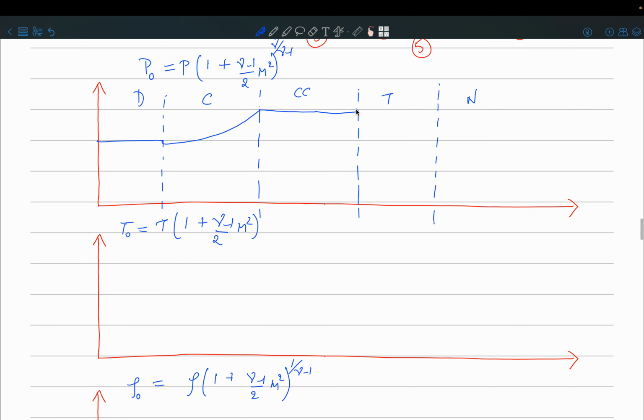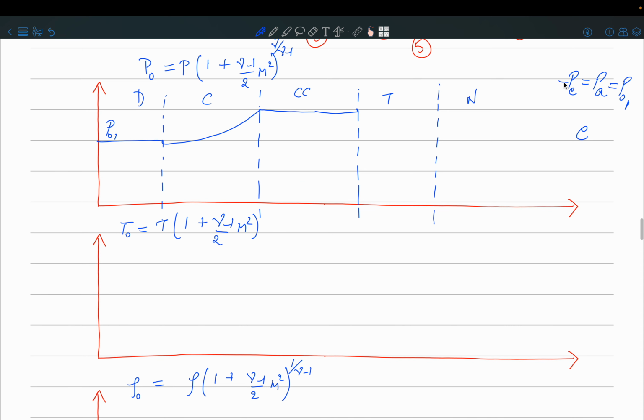Yeah, it will decrease. Until where will it decrease? Will it become lesser than what it was earlier, or will it remain the same? So remember, in the exit condition PE is equal to PA, and that is equal to P naught 1, which was in the diffuser, right?